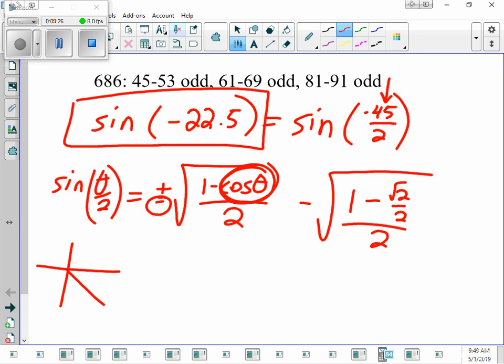Now I need a common denominator. So this one becomes 2 over 2, which gives me 2 minus root 2 over 2, over 2. And I make the denominator 2 over 1.